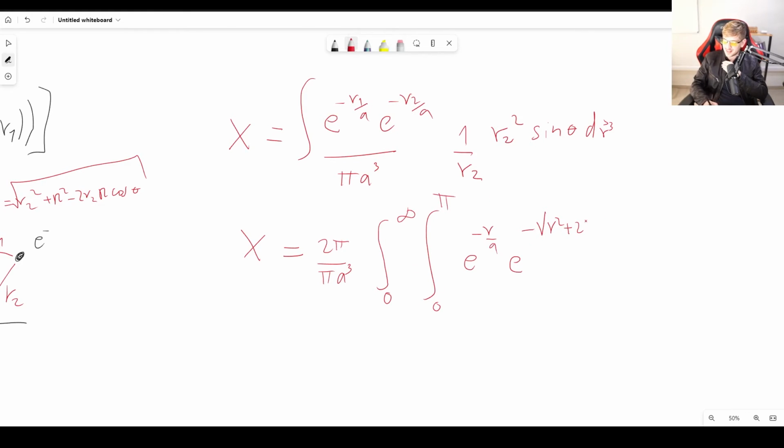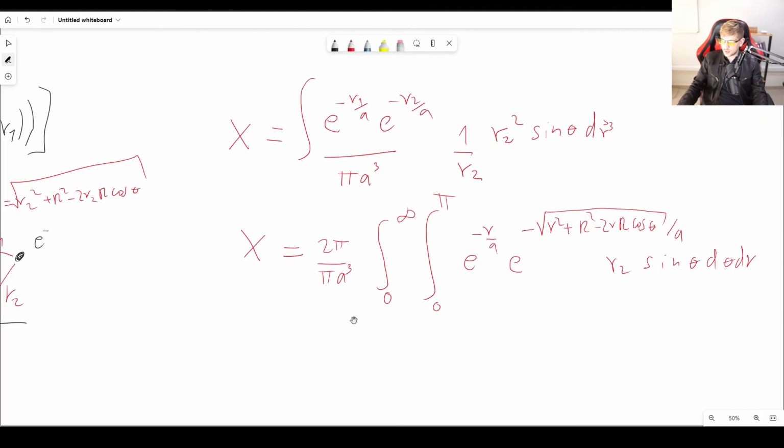I have to change that in the next step. So this is plus r squared minus 2r r cosine theta divided by a. And then r2 sine theta d theta dr. Okay, so that's what we are doing here.